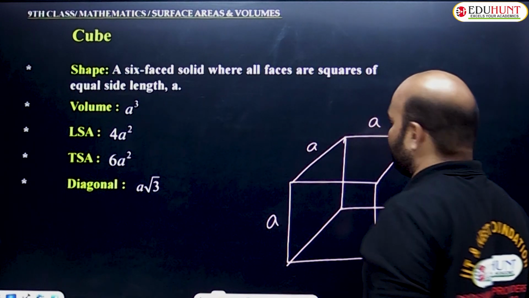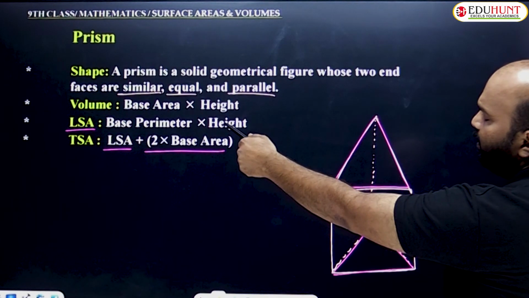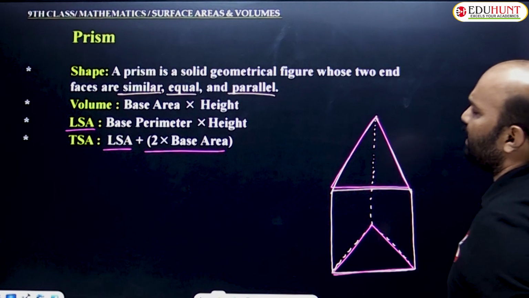So what is the volume formula? A cube is also a prism, so the prism formula applies: volume equals base area into height.